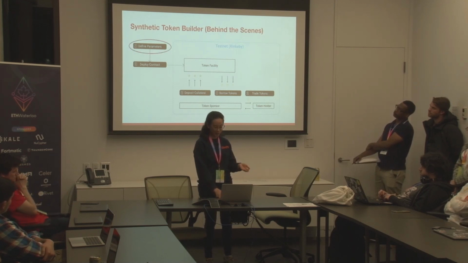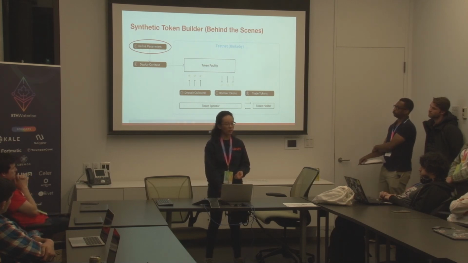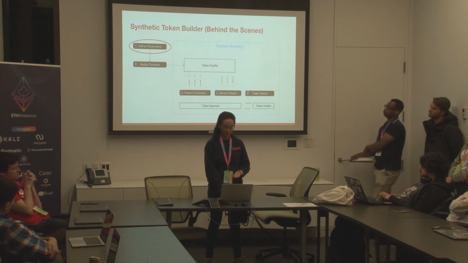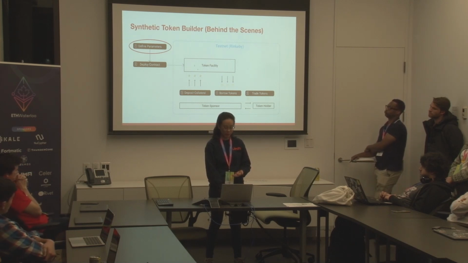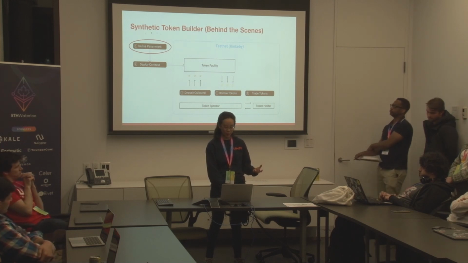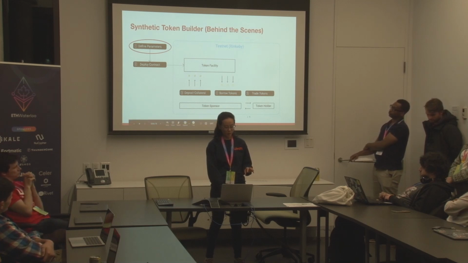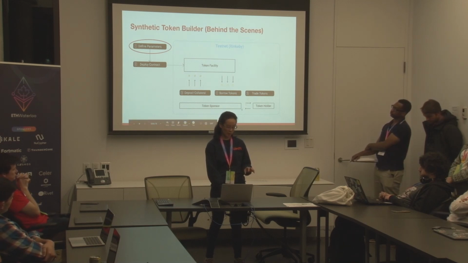So if you're looking to customize your own synthetic asset tokens, what are you going to do? Step 1 is probably going to be to change the parameters. The rest of this flow probably will look very similar. So the main area where you can add your own twist is when you're defining the parameters. I will say you could also think about creative ways to get people to trade those tokens.